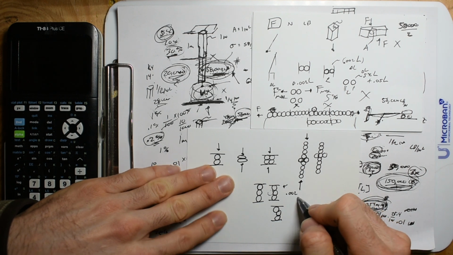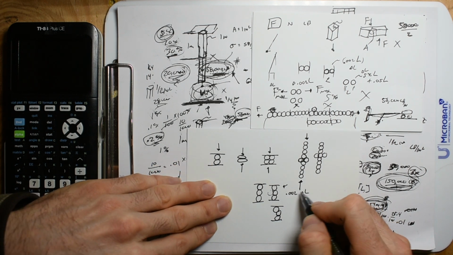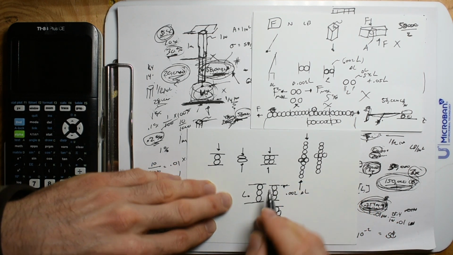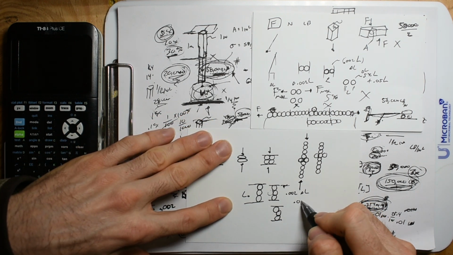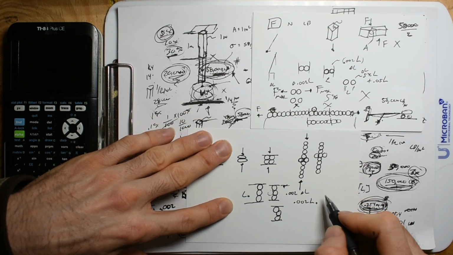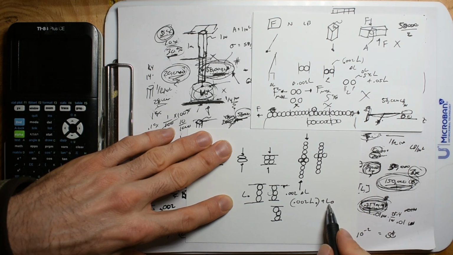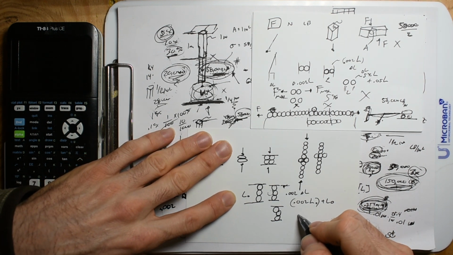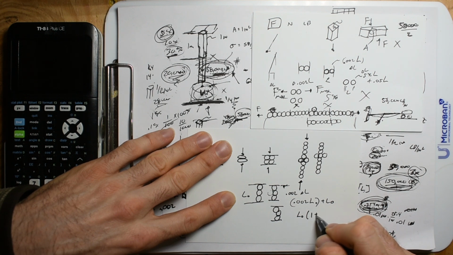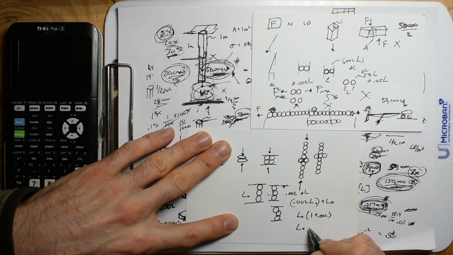So if you pass this 0.002 change in length compared to the original length, which is 0.002 L naught plus the original length, so this is the change in length plus the original length. This is where you see equations like L naught times 1 plus 0.002, or L naught times 1.002.